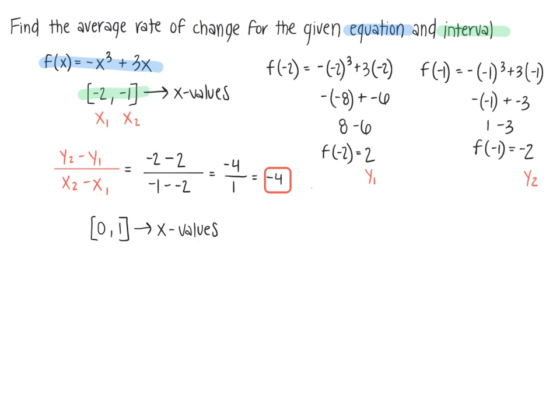I'm going to start by plugging these x values into the same equation that's highlighted in blue, find my y values, and then plug all of that information into the slope formula to get my average rate of change. This is where I would like you to pause the video, try the problem on your own, and then you can fast forward to the end to see if you got the same answer, or you can watch me work the problem.